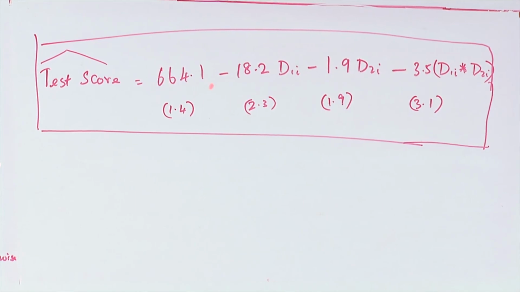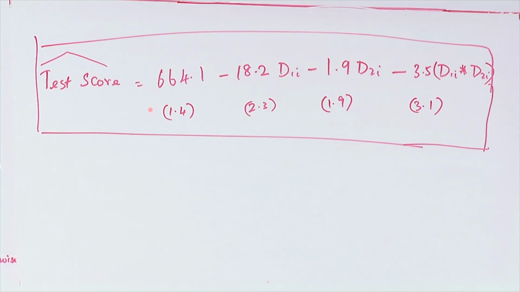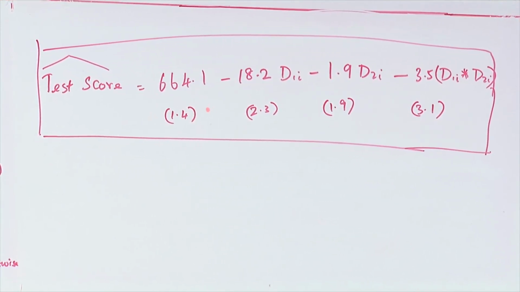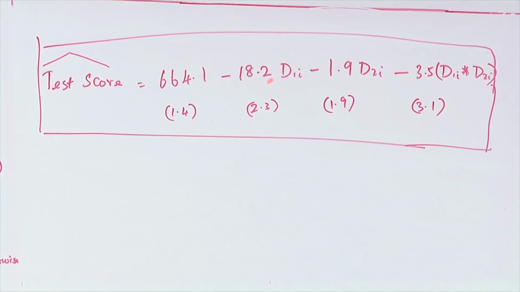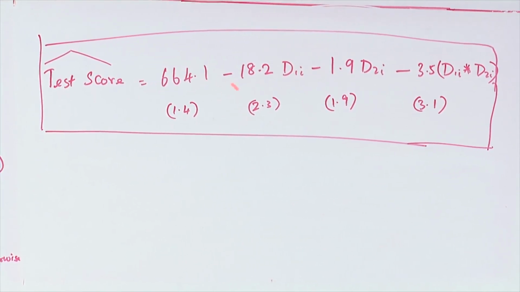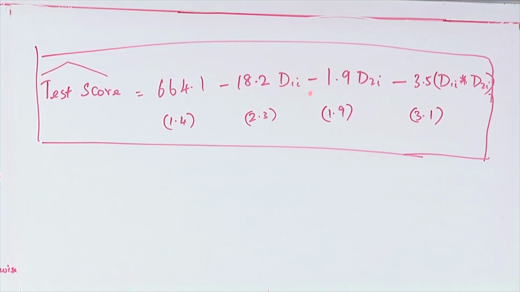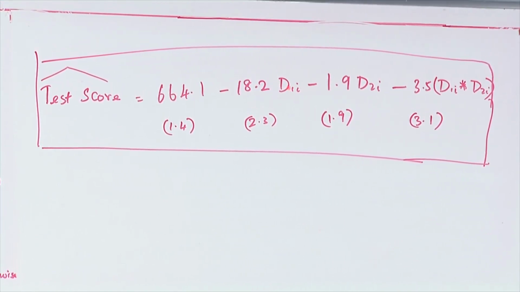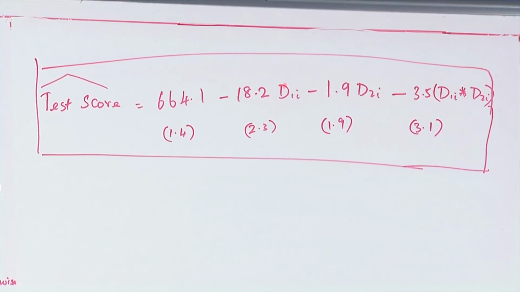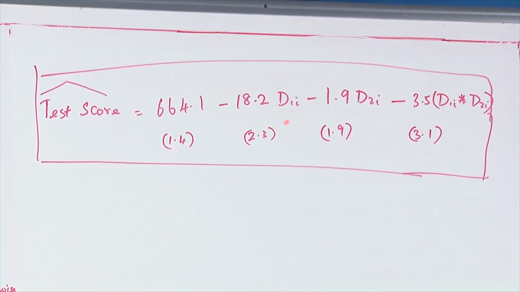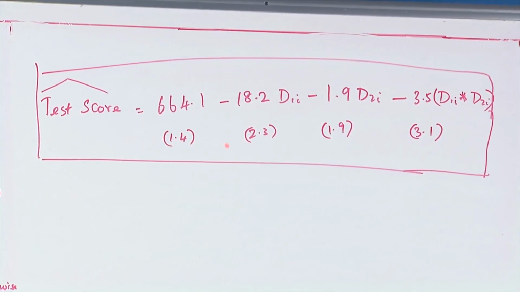So, the most fortunate students' average is 664.1 score, and if you take the impact of this D1i, we can measure the impact of D1i, the student teacher ratio, as 18.2.